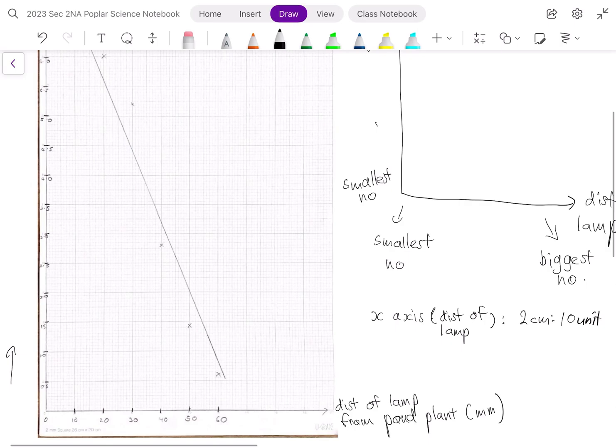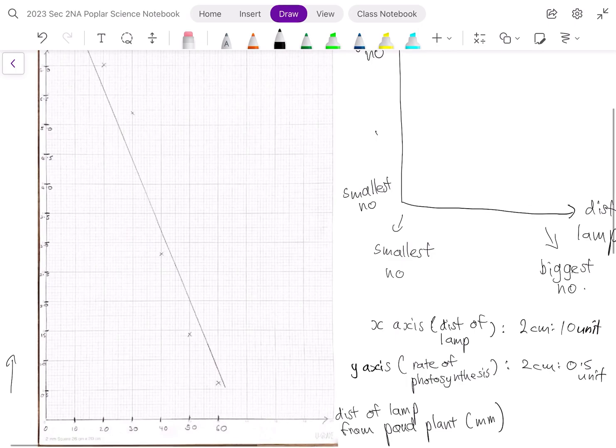Then my y-axis, which is my rate of photosynthesis, I have 2 cm to 0.5 unit.